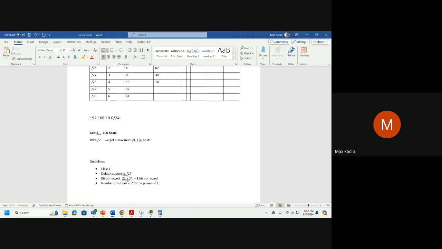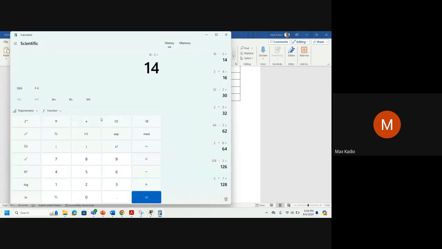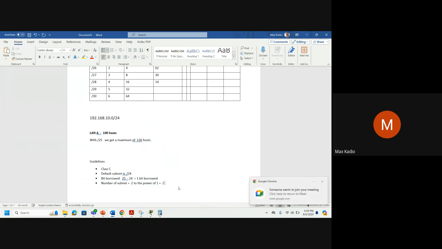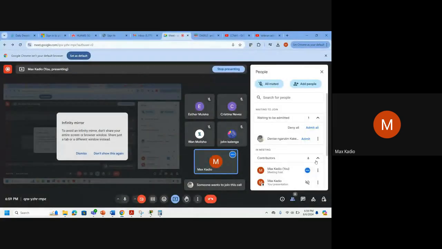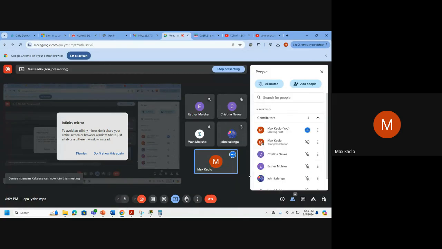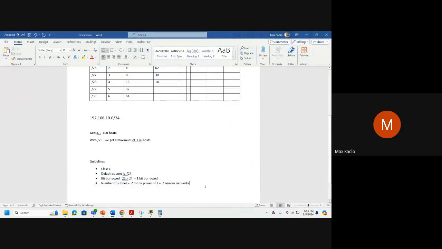You take your calculator, 2 to the power of 1 equals 2. With 1 bit borrowed, we have two smaller networks.